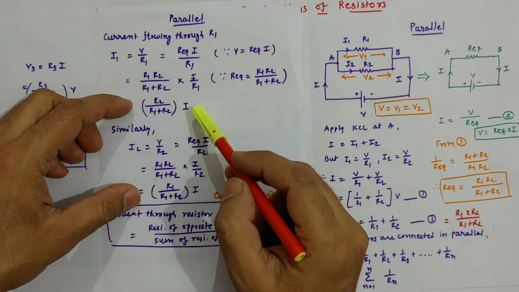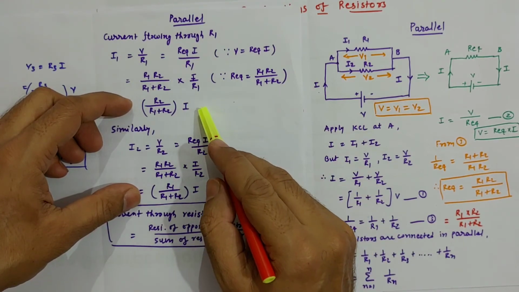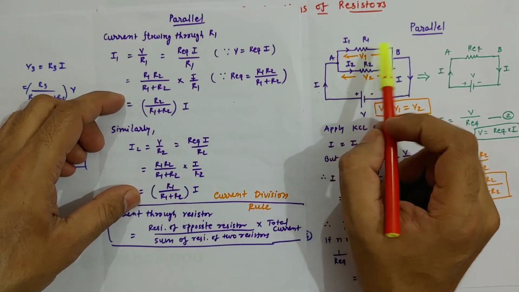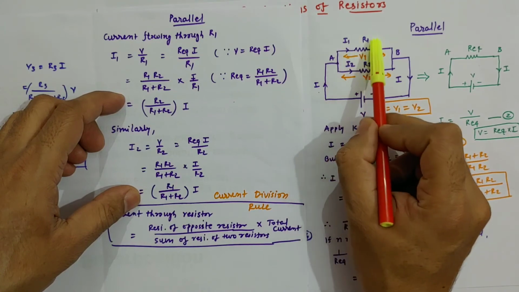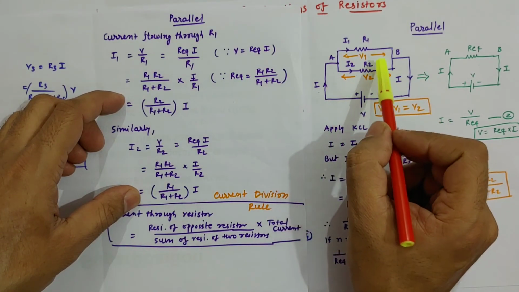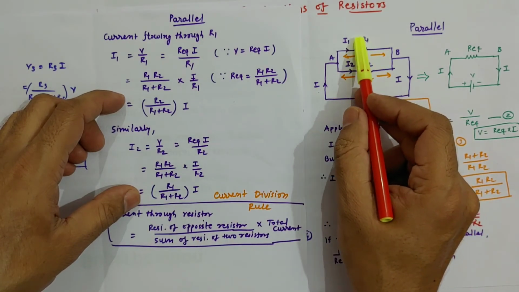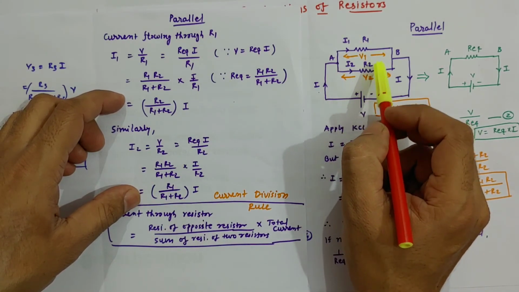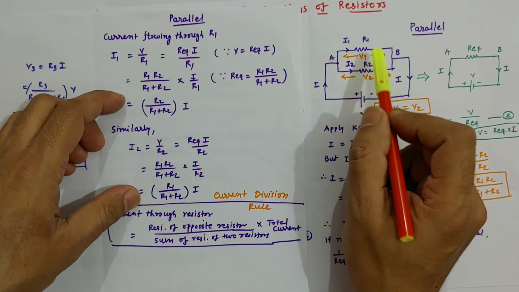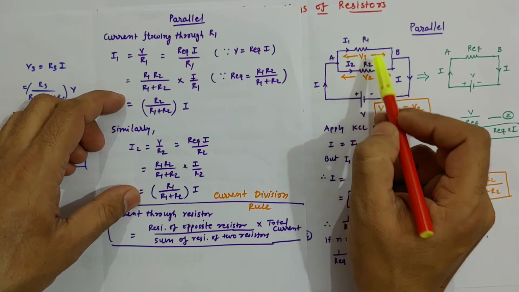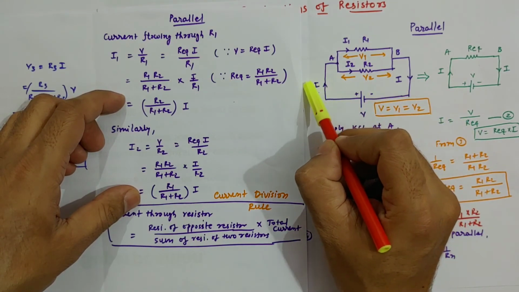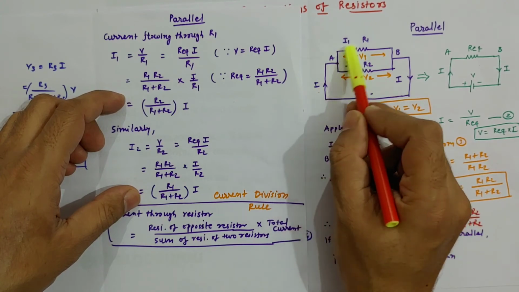So this shows that if we want to find the current in R1, the equation would be R2 divided by the summation of both R1 plus R2, multiplied by the main current that is divided into two parts.